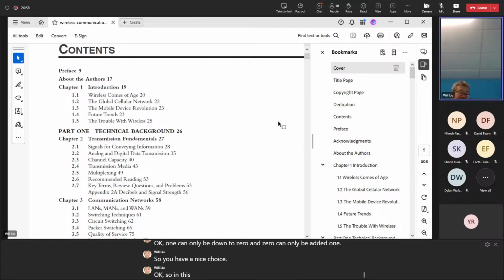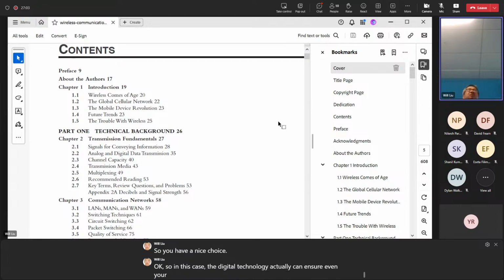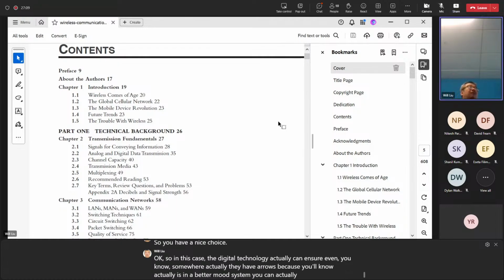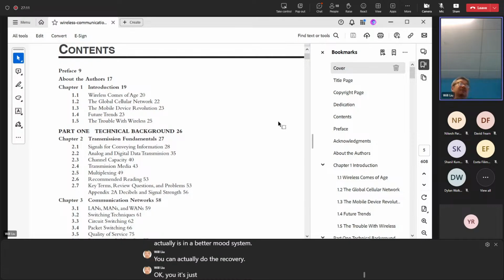In this case, digital technology can ensure that even if there are errors somewhere, in the binary system you can do the recovery. You just turn the 0 back to 1 or the 1 back to 0. That's why this is probably the easiest and most straightforward way.